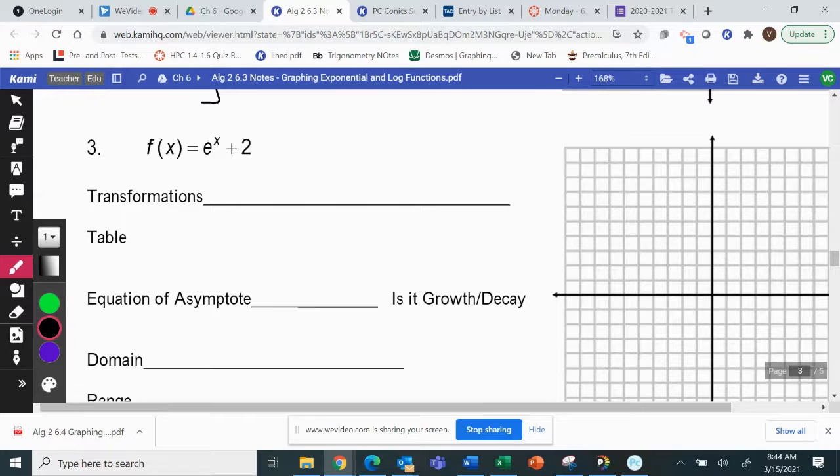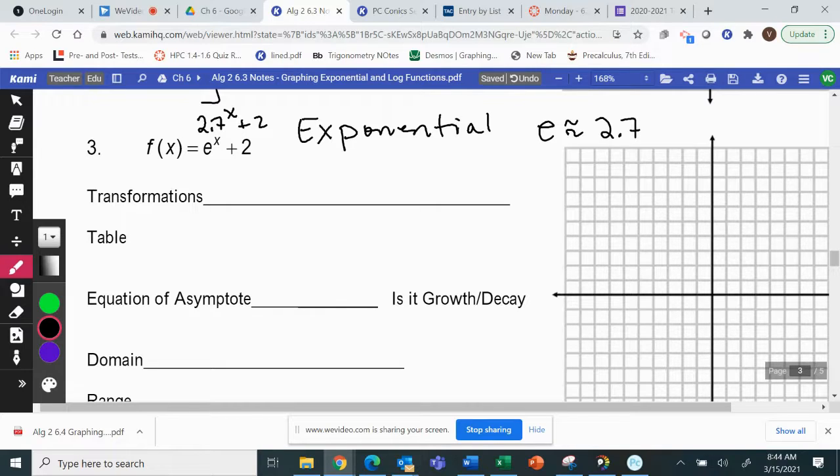We have e to the x, and the x is the exponent. I know why you were thinking logarithmic: that silly e in there. But just remember, e is just about 2.7, so this equation kind of says 2.7 to the x plus 2. It's not exactly 2.7, it's 2.7183 something, but that's basically what this equation is saying.